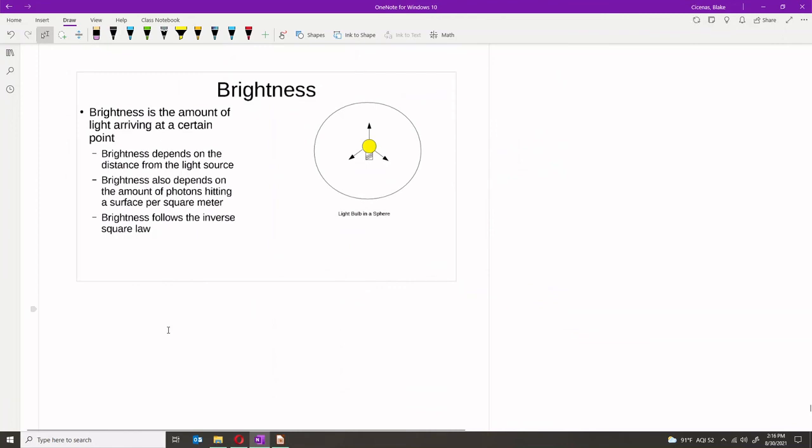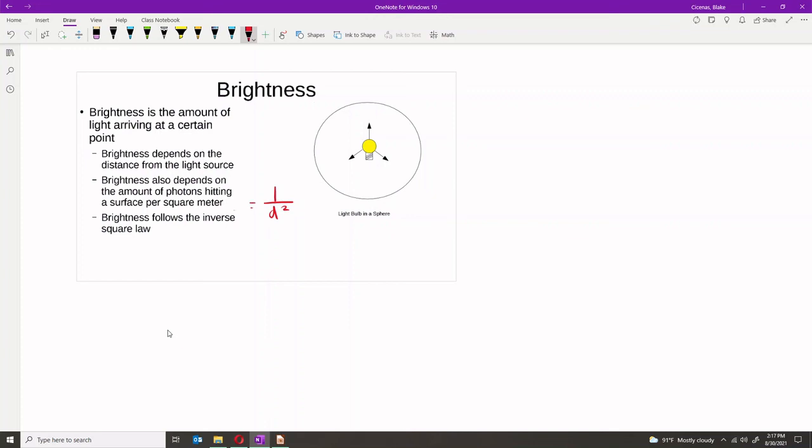And then we finish off with brightness, because I've kind of talked about the luminosity. Basically it's the amount of light arriving at a certain point. Why that's important is brightness depends on the distance from the light source, and it also follows the inverse square law, to skip ahead. Basically, inverse square law is anything, let's say 1 over d squared.